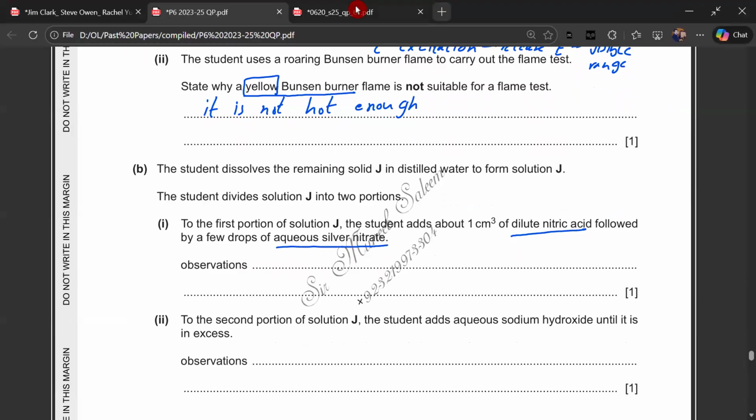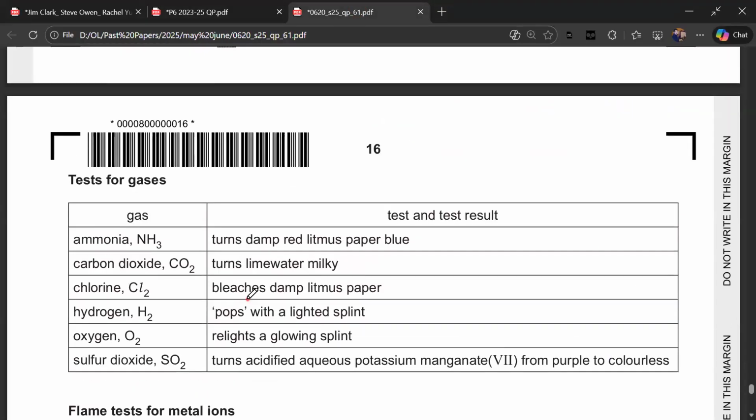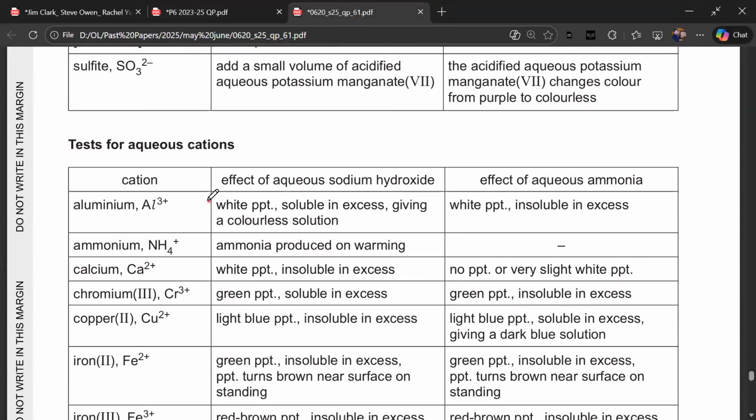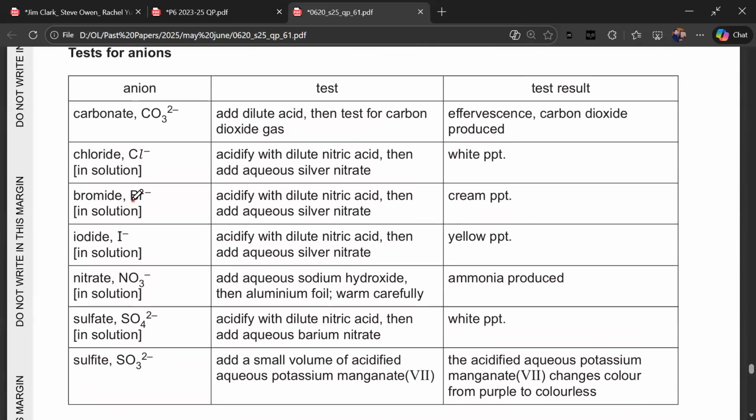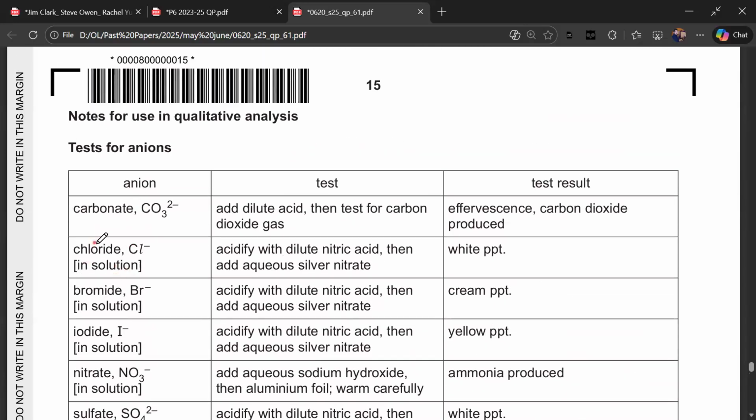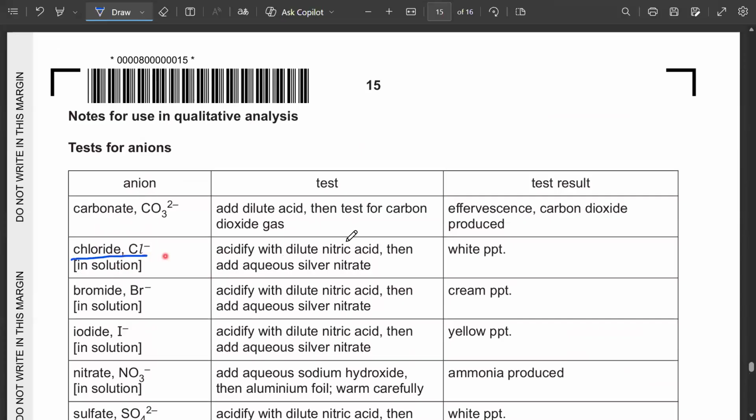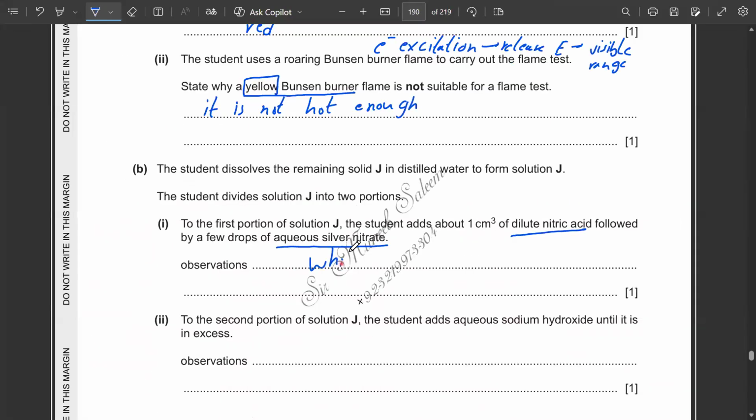So again, we need to go to the qualitative notes, and here we will see the test for the anion. In this part, we see chloride ions give a test with the dilute nitric acid along with the aqueous silver nitrate, and the test result is white precipitate. So this is your answer: white precipitates are formed.